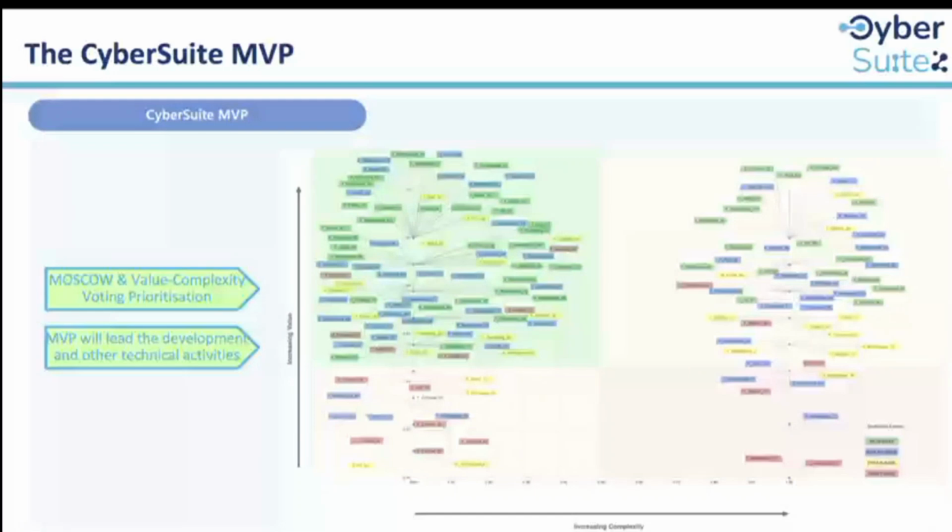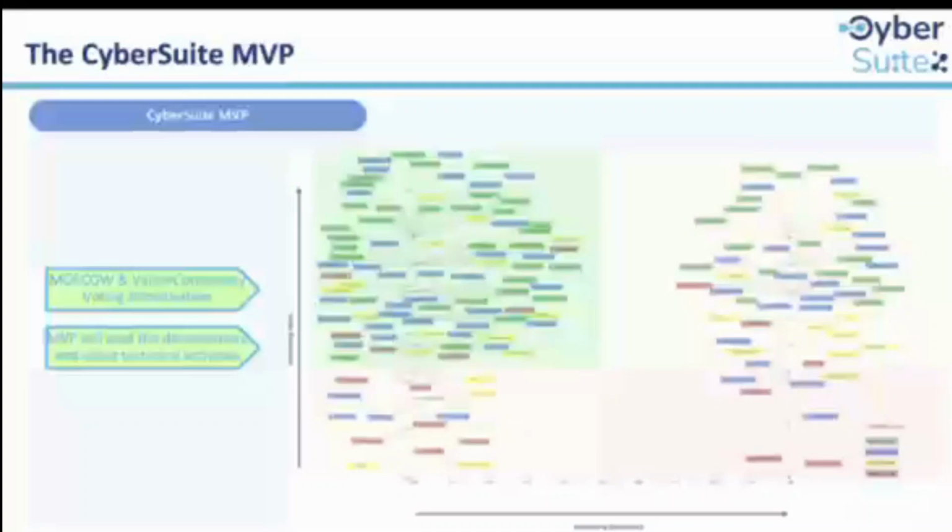We have performed, as we said before, a priority and a value and complexity voting prioritization in order to see which are the features that we target to have from our first release, which are the ones that we will add in our second and enhanced release, and maybe some features may be left out as they are not seen as of high value by our end users. This backlog is, as I said, flexible, and it will be updated in an agile manner during our development and demonstration activities.